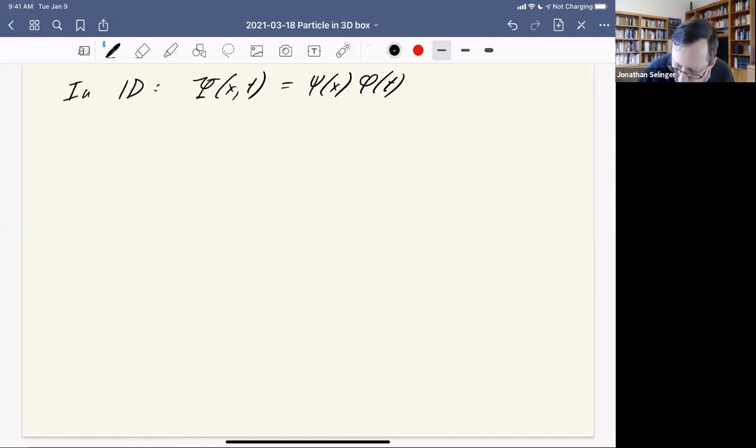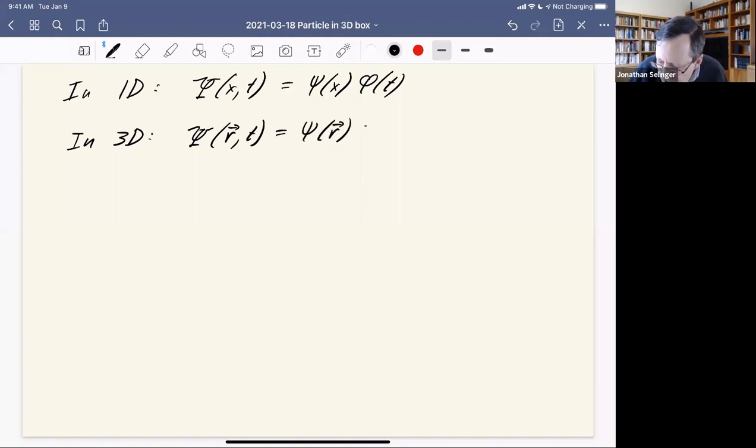That worked all right in 1D, so let's try the same kind of thing in 3D. Let's say we have a psi of r and t, a function of position times a function of time.